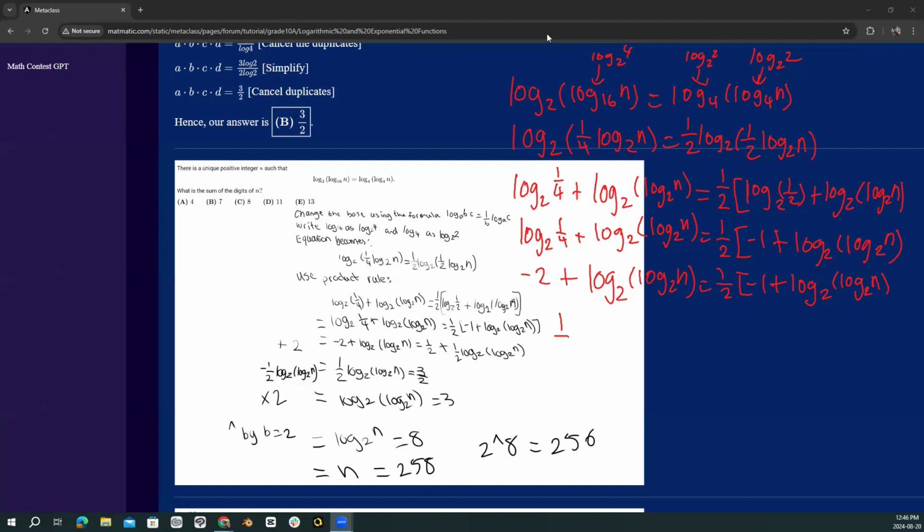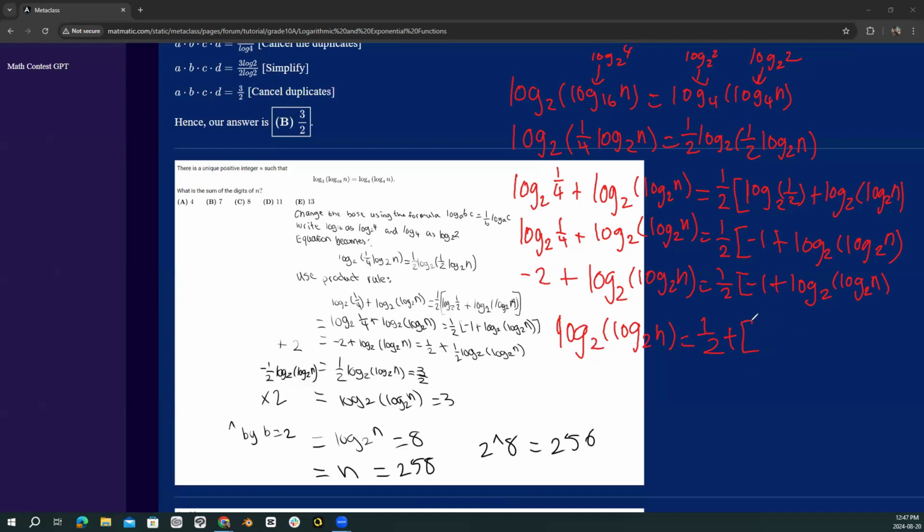That would make our equation just log 2 of 2n equals 1 over 2 plus negative 1. Oops.